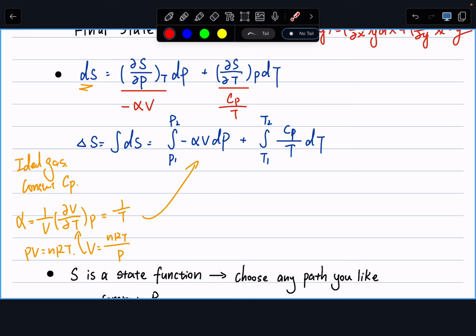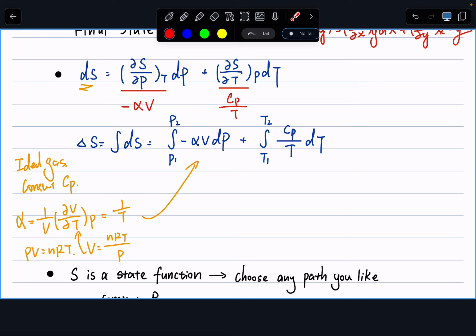All right, so overall, the delta S of this process, you can solve these two integrals separately because we can build these hypothetical paths for the entropy change to take place. So my total delta S equals my delta S1 plus delta S2. So far, so good?